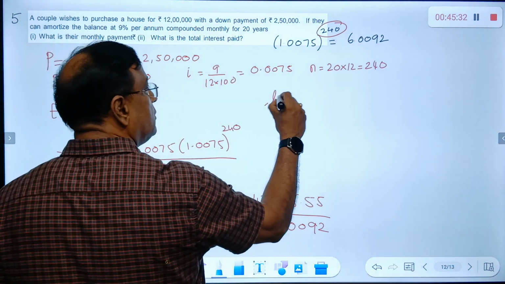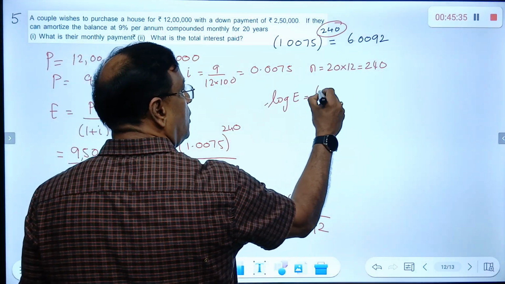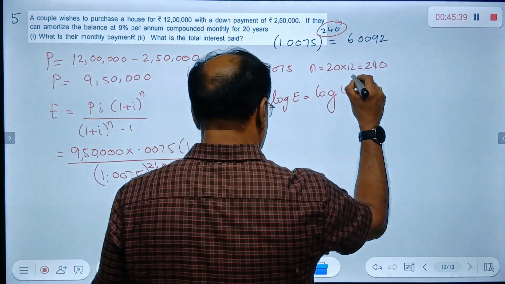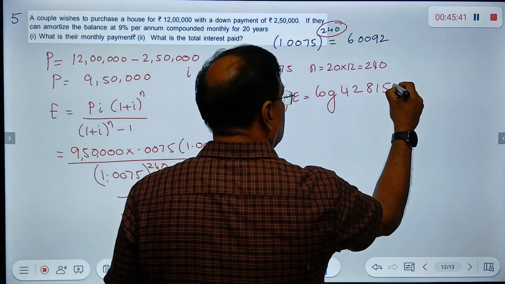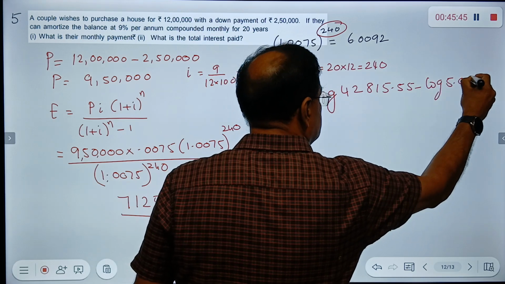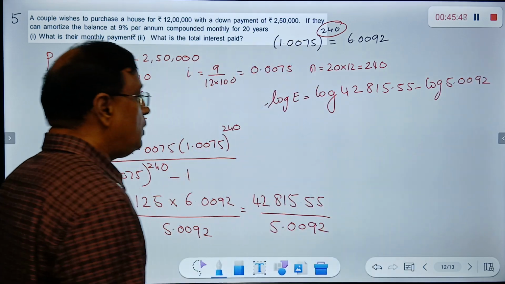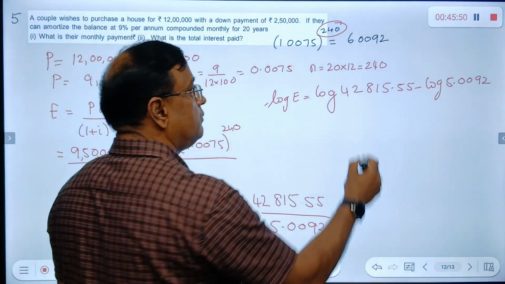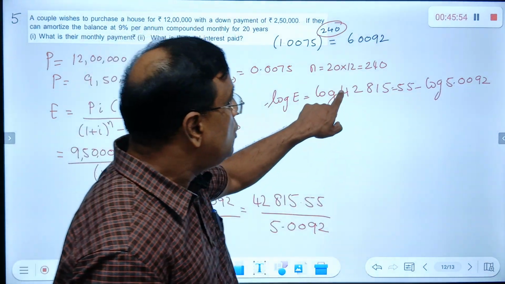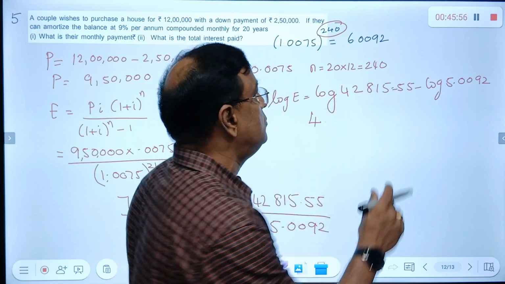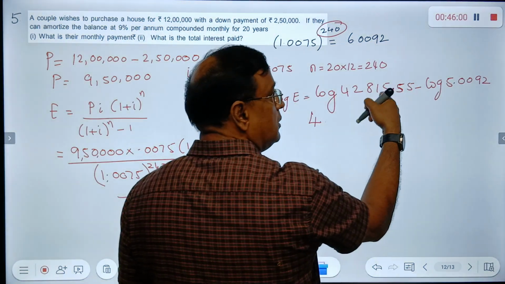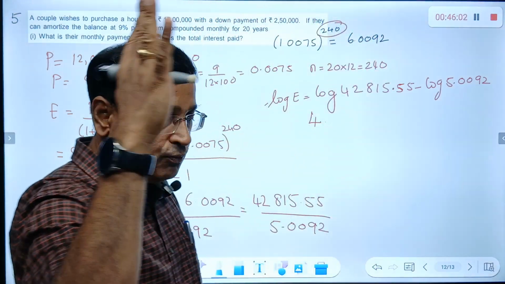So now you take log. Log E equal to log of 42,815.55 minus log of 5.0092. What is log of 42,800? It's a 5-digit number, so the characteristic is 4. Now look at the log for 4282. Round it off to a 4-digit number.